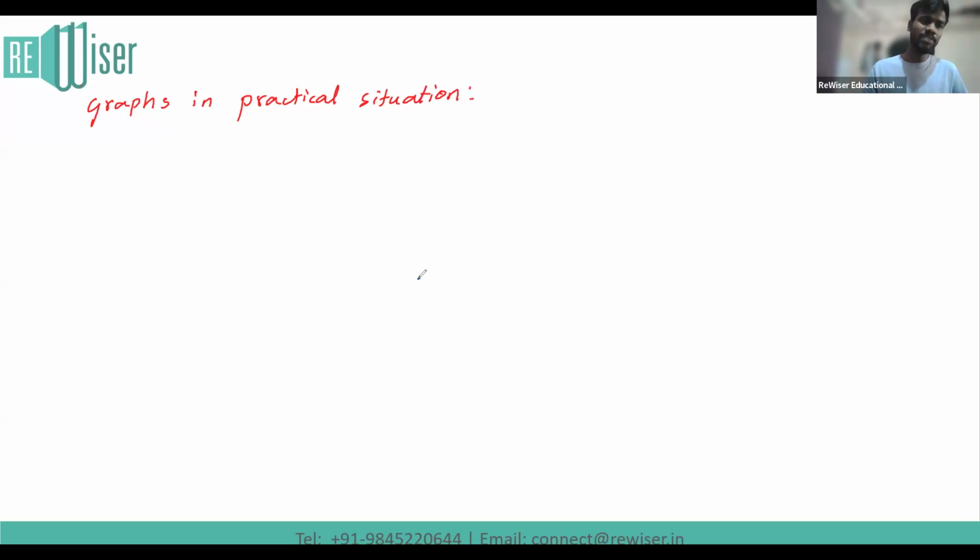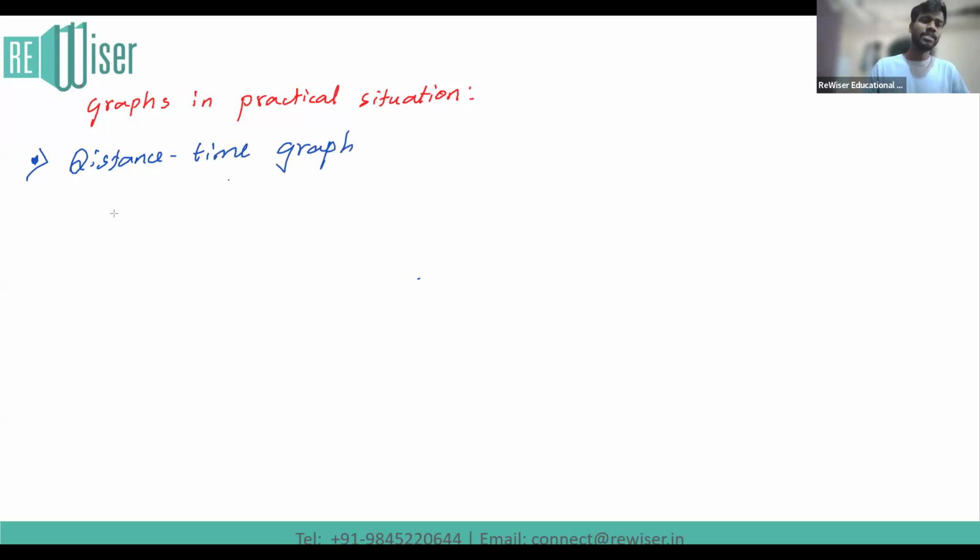So first of all, the first kind of graph that we should be aware of is the distance time graph, or we simply call it a dt graph.